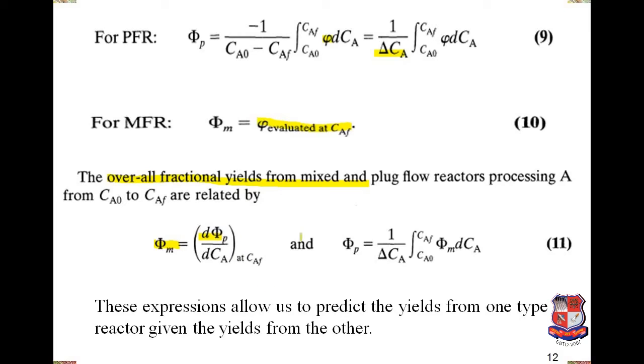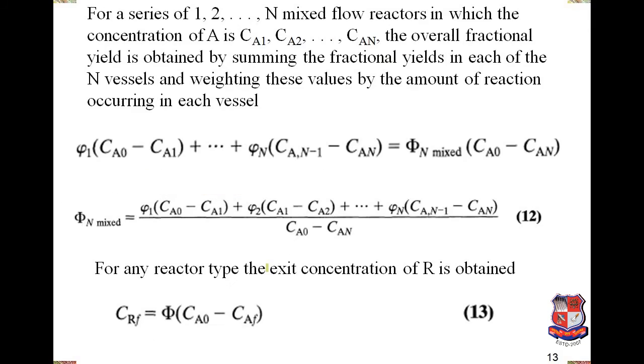So if I have the whole plug flow curve, where the yield changes, I can find the overall yield of the mixed flow by putting a tangent. Or if I have the mixed flow yield at various places, I can integrate it over the whole concentration range and ultimately get the overall plug flow yield. So if I have one yield data, I can convert it into another required yield data for another reactor. So these are the two expressions which we can use for further calculation.